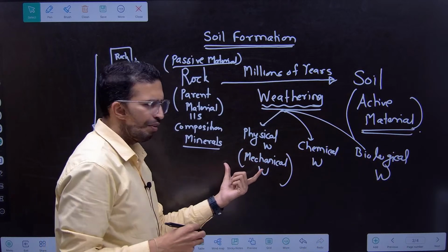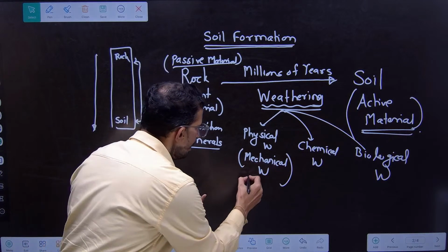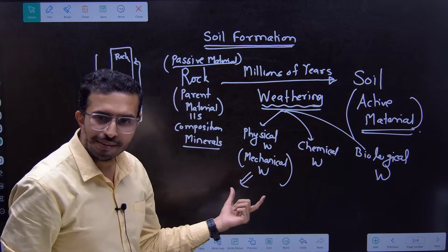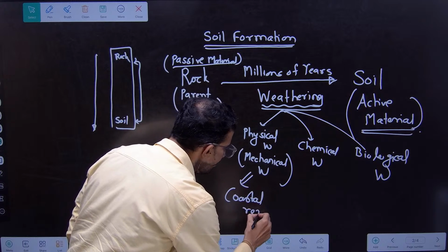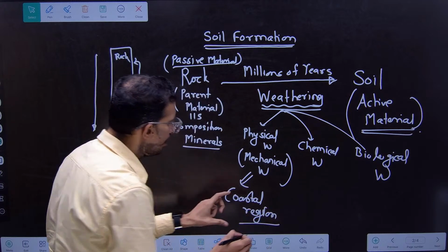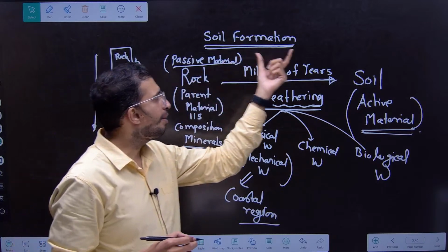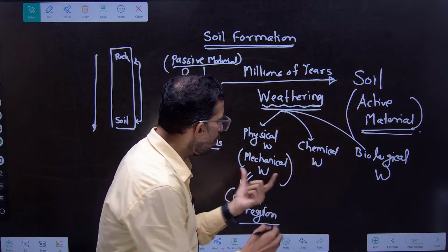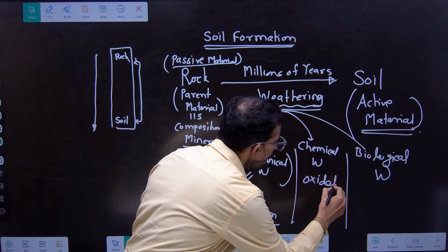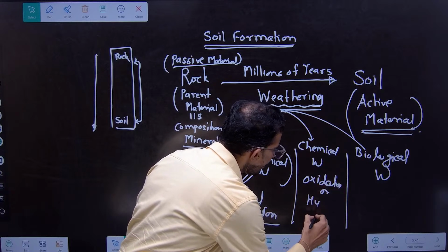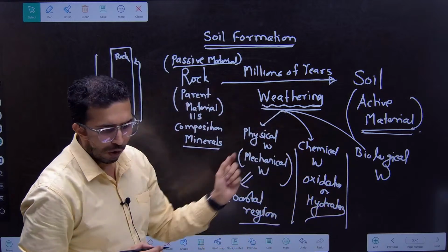Physical weathering, like if you see the repetitive drying and wetting of the rocks, like in the coastal region, there is a disintegration of the rock, and with the span of millions of years, this rock is transformed into the soil. What about the chemical weathering? Like oxidation or the hydration is responsible for the chemical weathering.